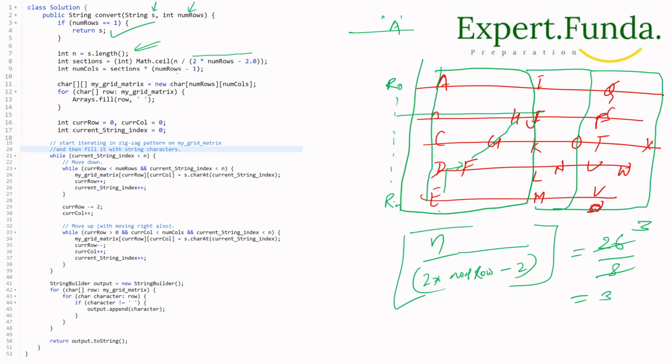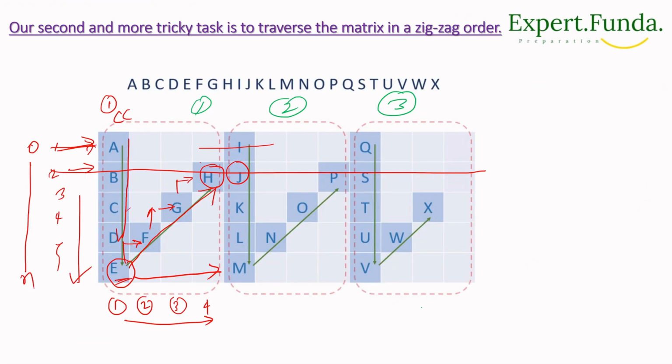Section is 3 here. Now, the number of columns is the number of sections times the number of rows minus 1. We have 3 sections, so we multiply by the number of rows minus 1, which is 4. So total 12 columns will be there. Let's count: 1, 2, 3, 4, 5, 6, 7, 8, 9, 10, 11, 12.